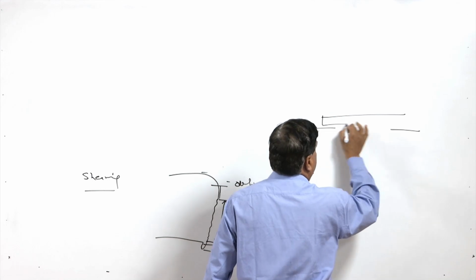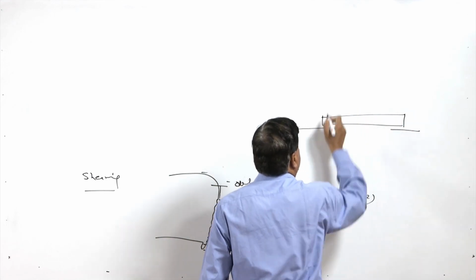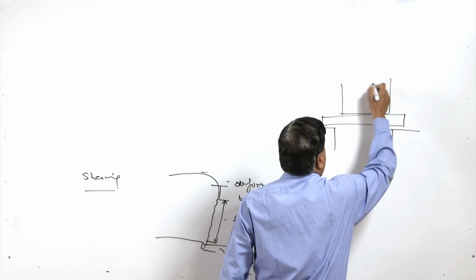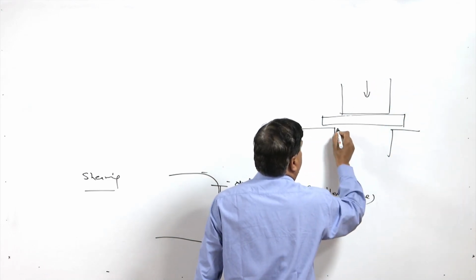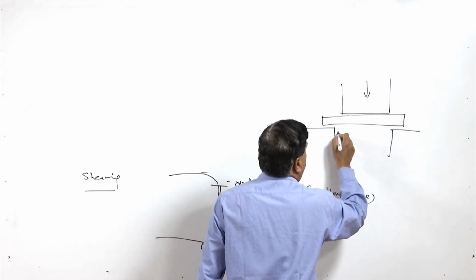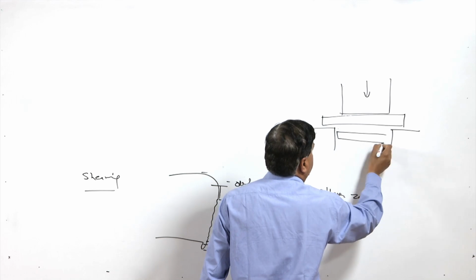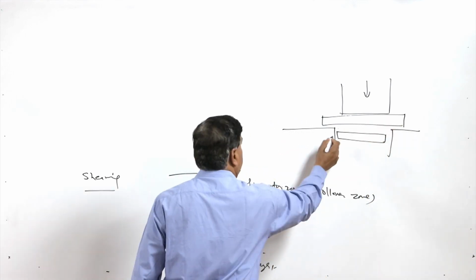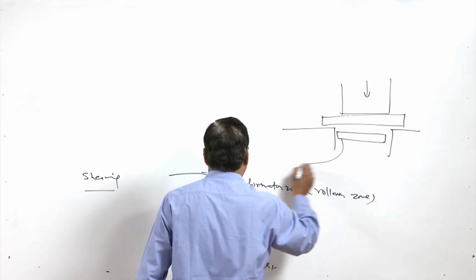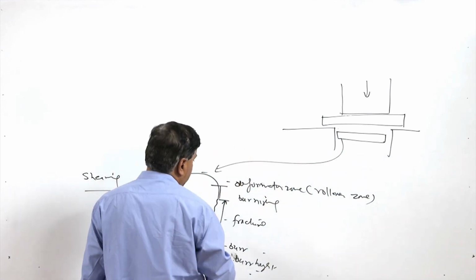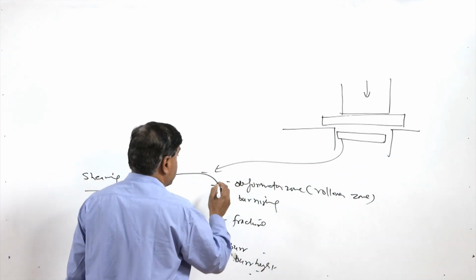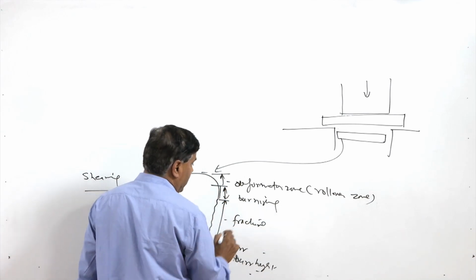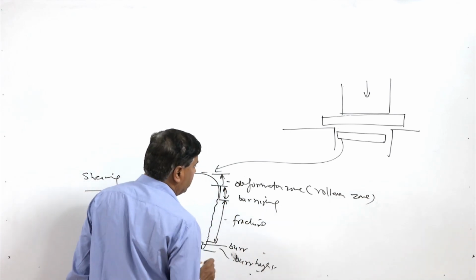When the punch moves down, it produces a cut and the slug comes out in this form. The slug in free conditions produces at the edges this kind of geometry, which has a deformation zone, then the burnishing zone, then the fracture region, and then the burr region.